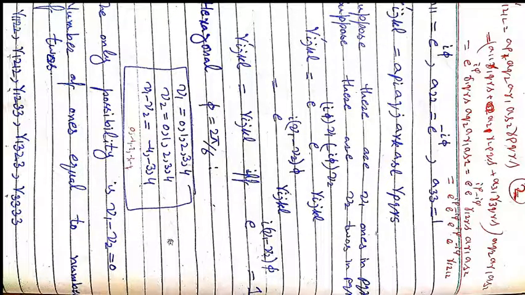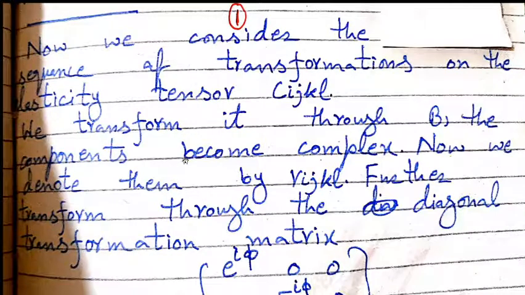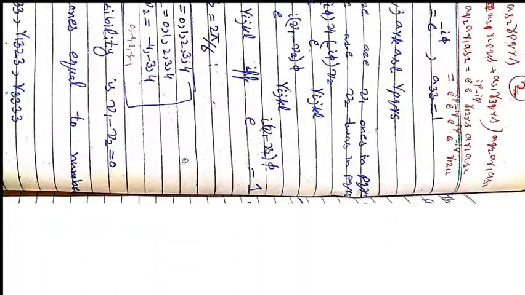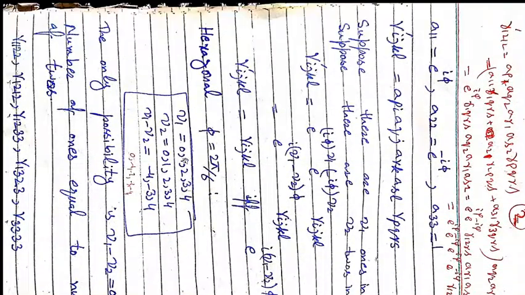We are looking for only non-zero components, and this is possible only when nu 1 minus nu 2 equals 0 for this case, for the hexagonal case only. So it means that we have non-zero components when the difference is 0. Difference 0 means that the number of 1's and the number of 2's are equal.